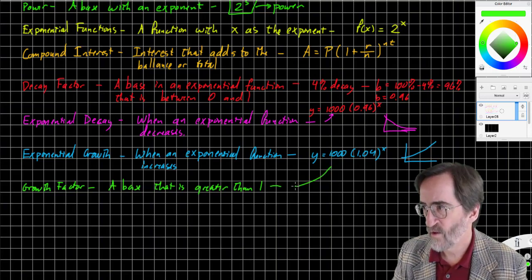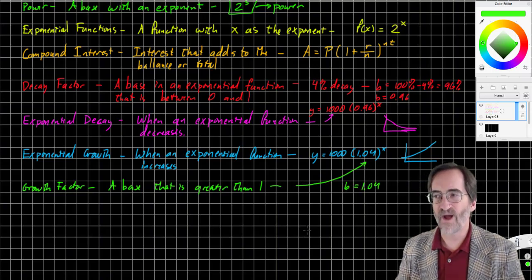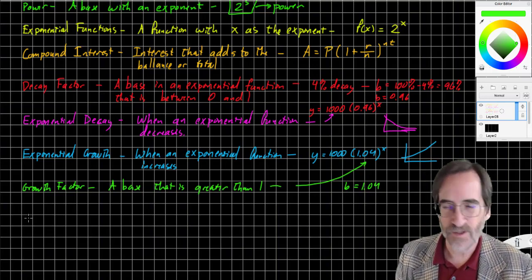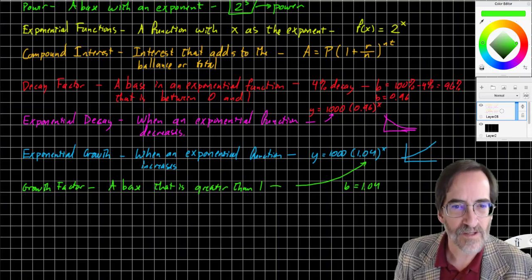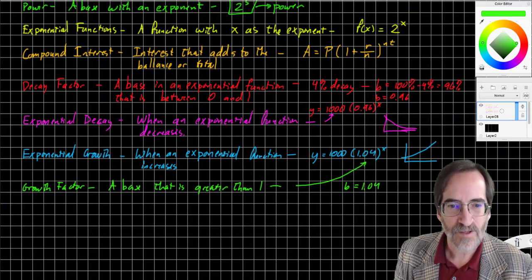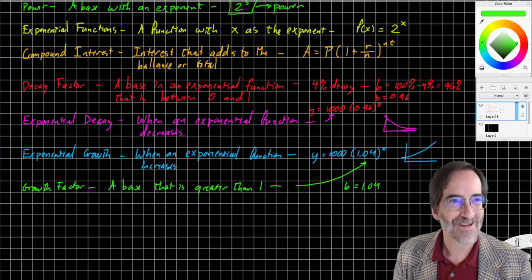Example, B equals 1.04 is a growth factor because it's bigger than 1, causing the function to grow. All right, so that's Unit 2, Lesson 8. Let's see what else there is. Oh, then there's the unit review and the test. So that is the last word.